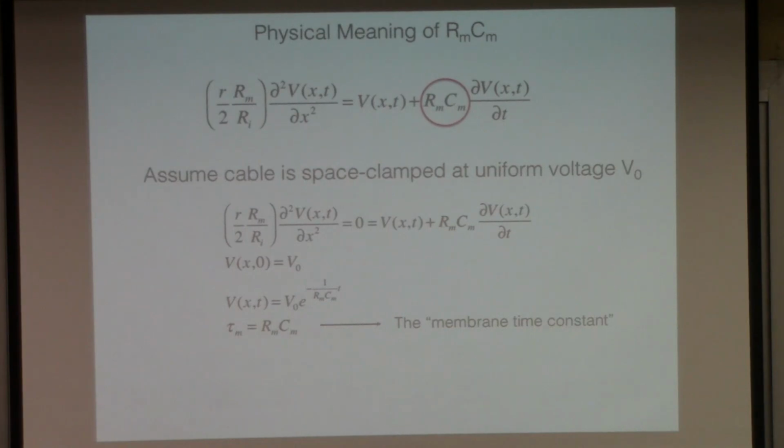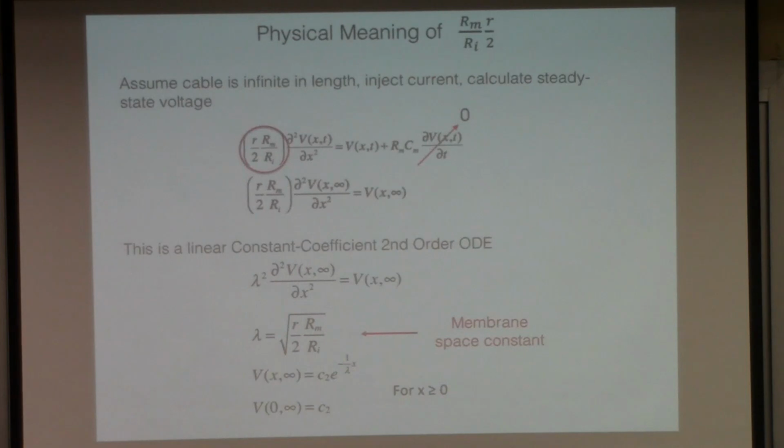When capital T is 1, that's a time corresponding to the time constant. And when it's 2, that's 2 time constants. So capital T is a dimensionless time variable, has no units, because we're dividing little t, real time, by this membrane time constant. Okay, so we've decided upon an approach to making time dimensionless.